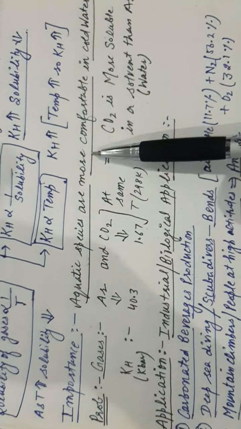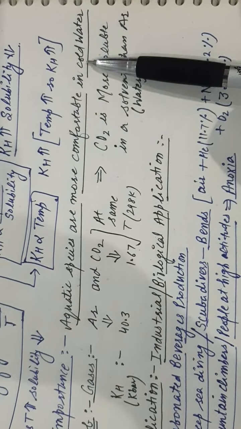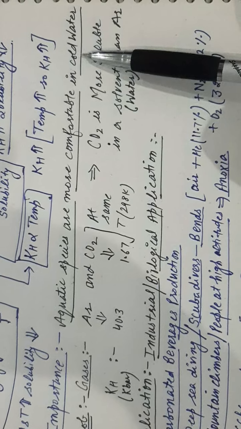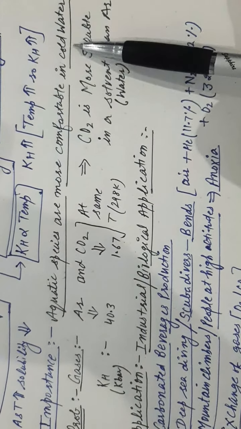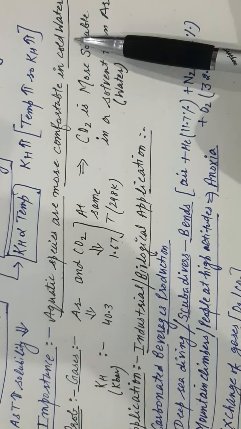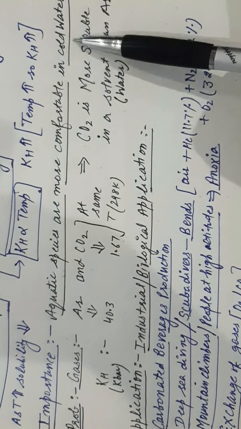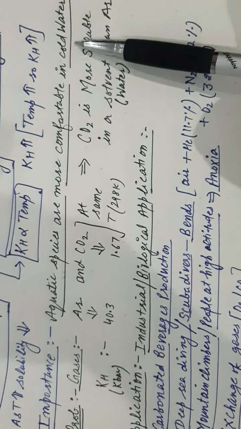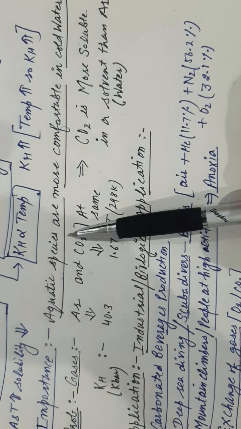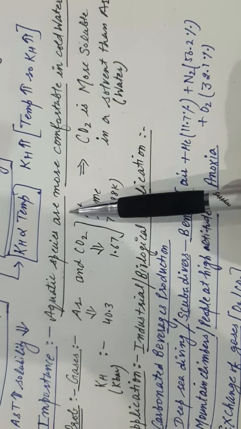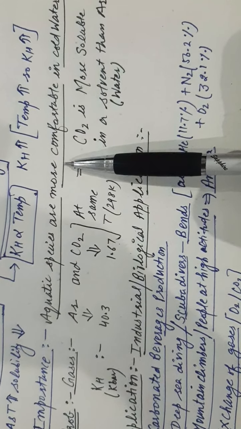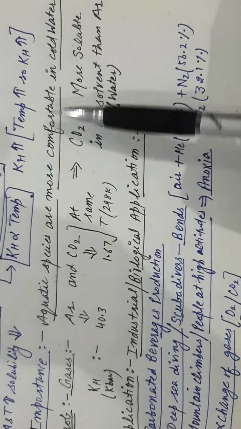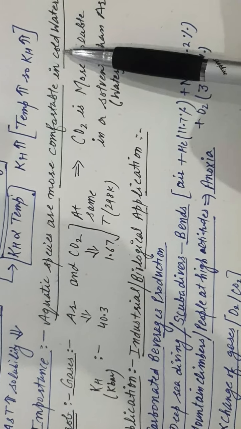Aquatic species are more comfortable in cold water. Why is it so? Because in cold water the temperature is low, so oxygen gas has more solubility in water at low temperature. So aquatic species breathe easily and comfortably in cold water or in winter as compared to summer or hot water.